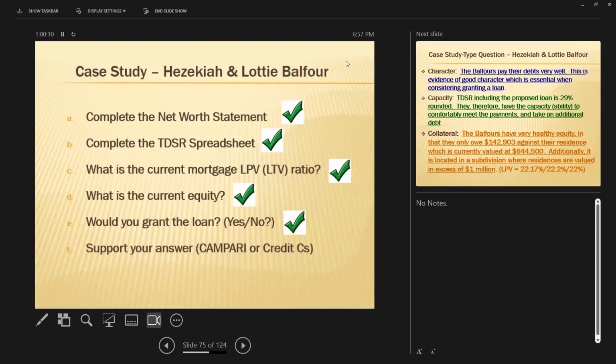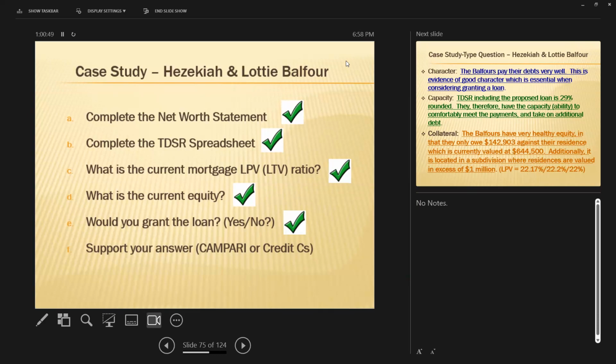Now bear in mind, I'm asking for more than one, but when you come to answer these questions, for those who are in class and have the script, I'll read it for the benefit of those of you in Zoom. It says, using the three key factors, either Campari method or the credit C's method, assessing credit, briefly outline your reasons for approving or declining the application. And then in brackets, it says 3 points total.